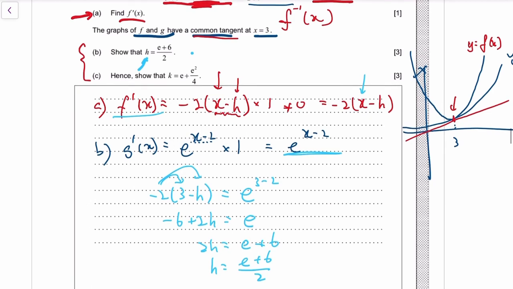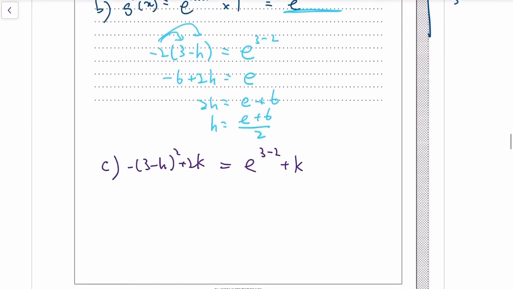Oh, should I put x in and expand? Probably. So 3 minus x is e plus 6 over 2. And you subtract the k, so 2k minus k is just k, equal to e.